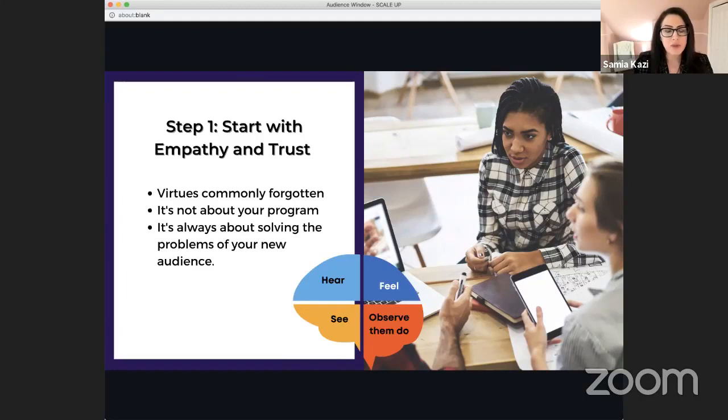But as course creators, as organizations planning to take our e-learnings to a new region and new markets, we sometimes forget to start with this, because you're thinking about your training program, your product, and how to convince this new market to enroll in your e-learning program. But it's actually completely the other way around.